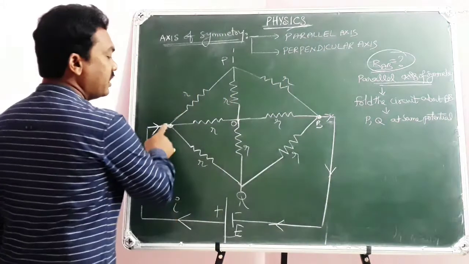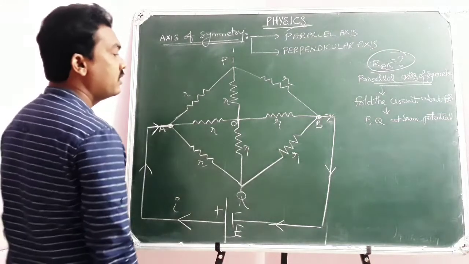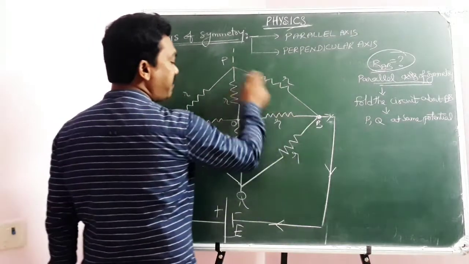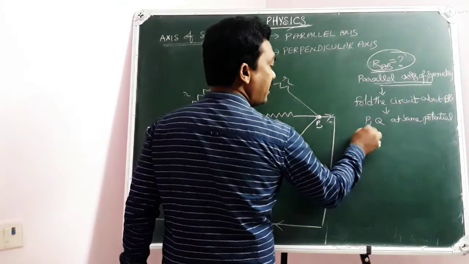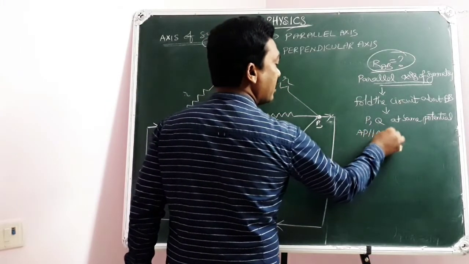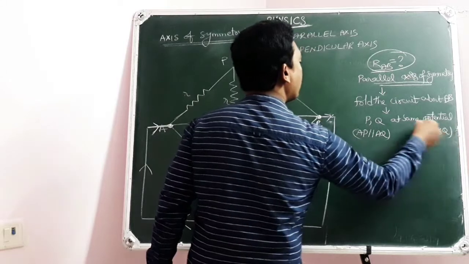So immediately AP and AQ will be in parallel. Similarly, BP and BQ will be in parallel.